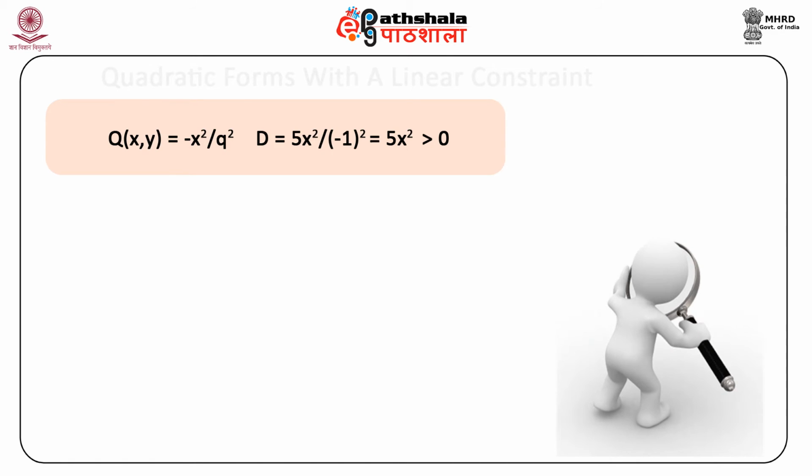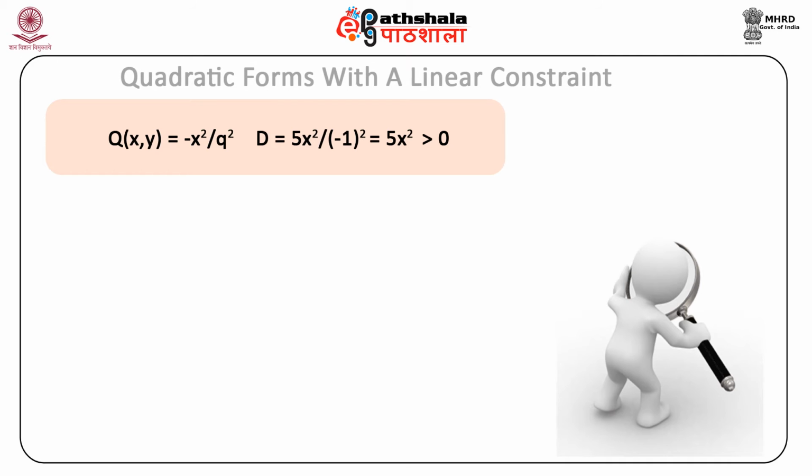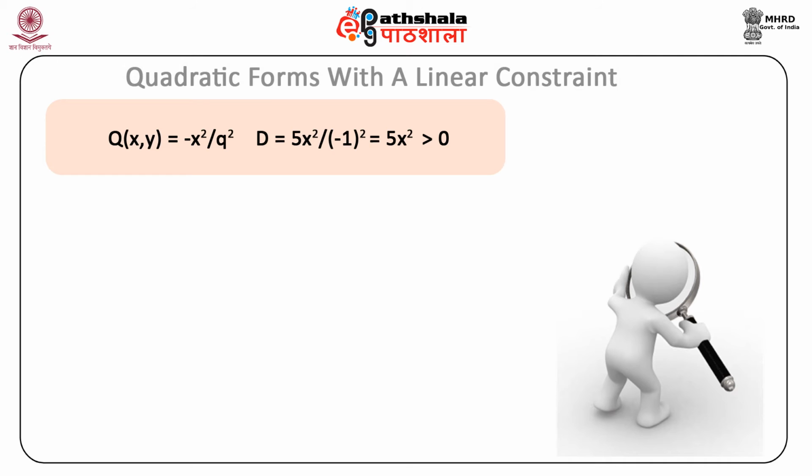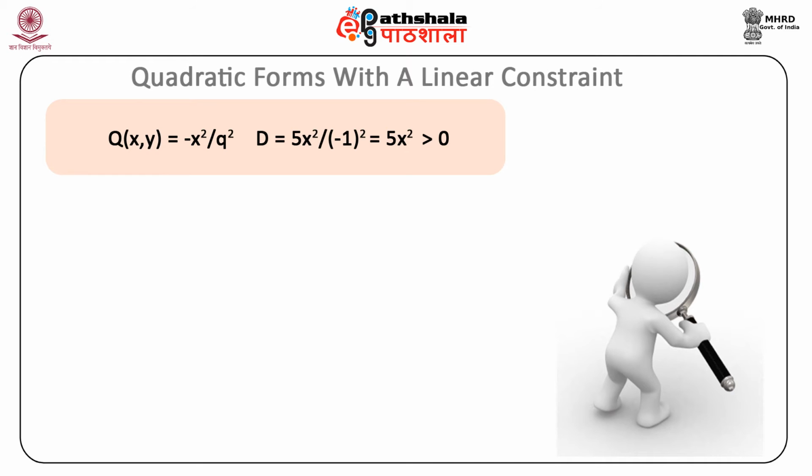Q(x, y) is equal to minus x square upon q square D, which is equal to 5x square upon minus 1 square, which is equal to 5x square, which is greater than 0. That is, Q subject to the given constraint is positive definite as it takes only strictly positive values for all possible values of the variables.